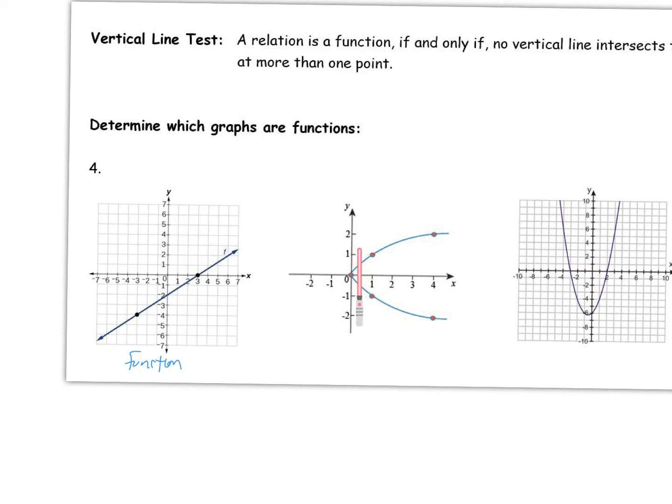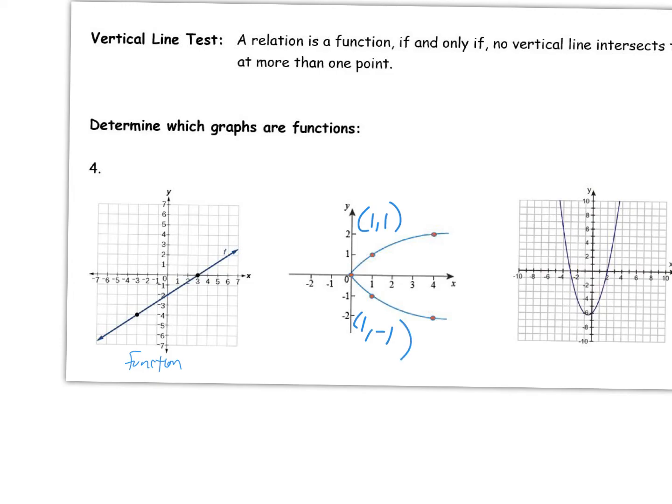The second you hit your graph in more than one place with the edge of the lightsaber or a straight edge, this is no longer a function, because you have x values repeating themselves, as you can see here and here at 1. Basically you have an ordered pair at coordinate (1, 1), and you have coordinate (1, -1).